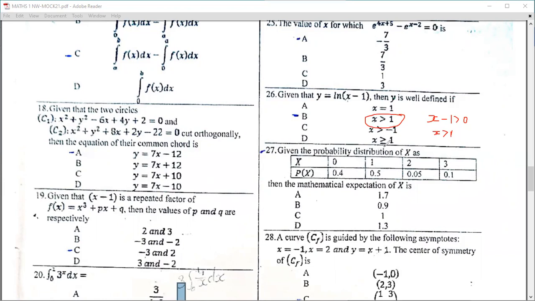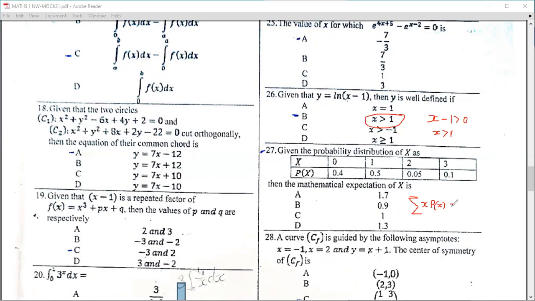Now, question 27, given the probability distribution of x as this, then the mathematical expectation is... The expectation is defined as the summation of x times p of x.